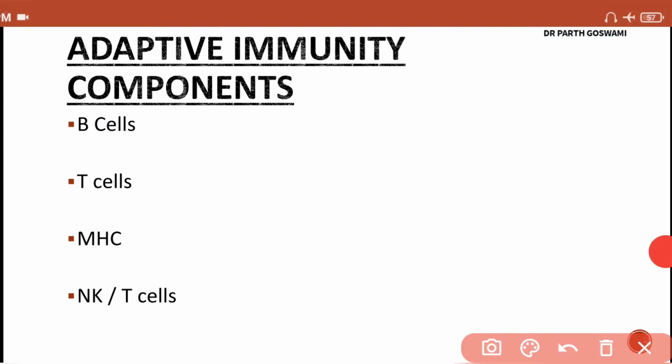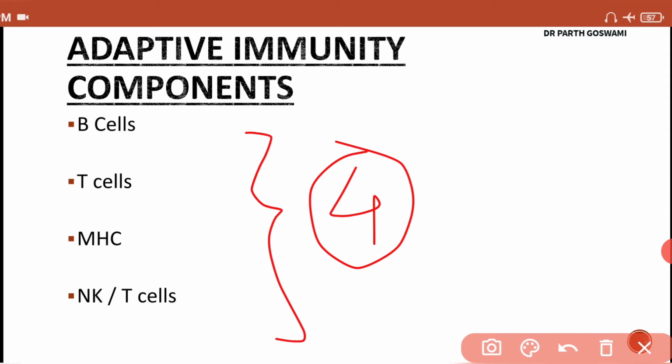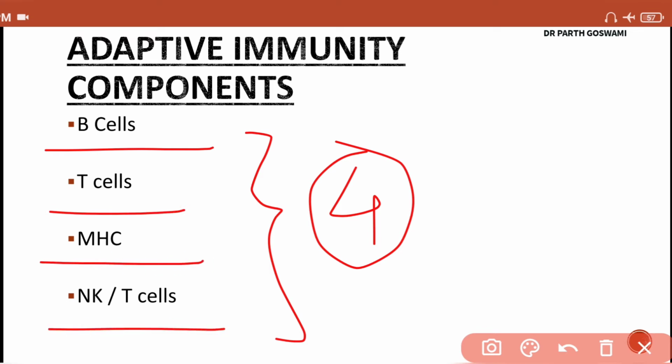And basically guys, there are 4 components of adaptive immunity: B cell, T cell, major histocompatibility complex and the natural killer cell. The B cell does the function of antibody production.